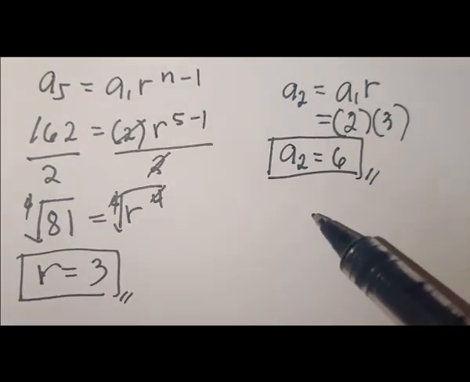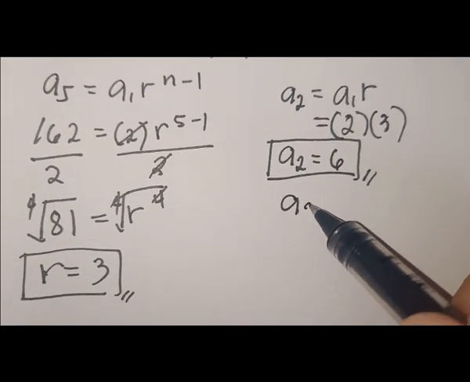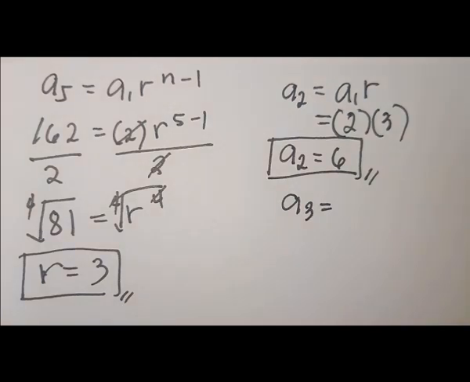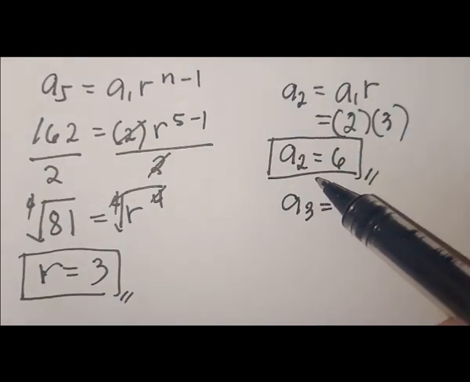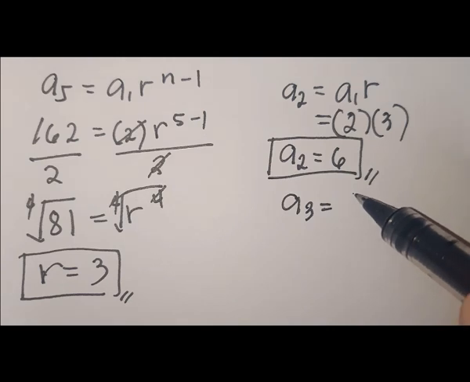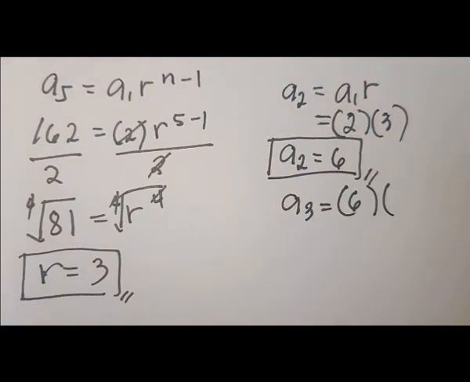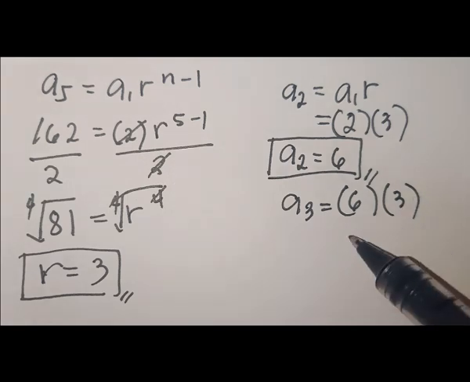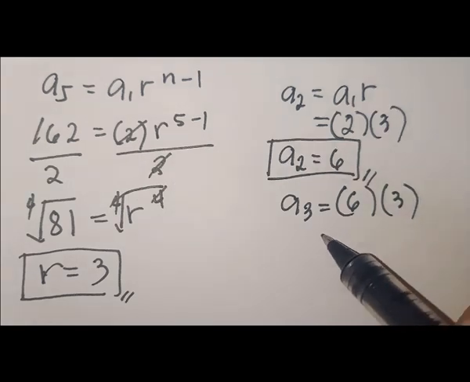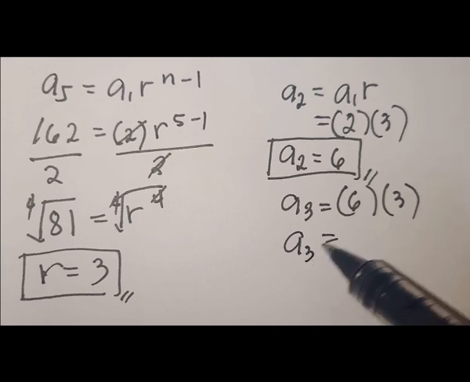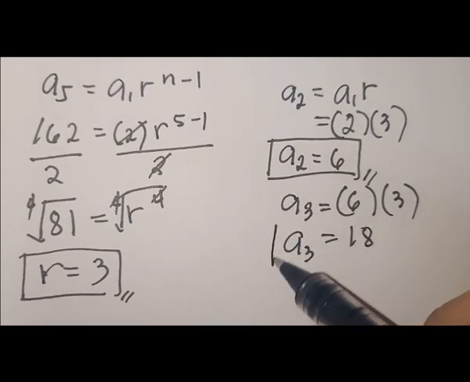Okay, how about a sub 3? Sa a sub 3 naman, kailangan natin yung value ni a sub 2. So, yung a sub 2 natin dito ay 6, times yung common ratio which is 3. Okay. So, we have a sub 3 is equal to 18.